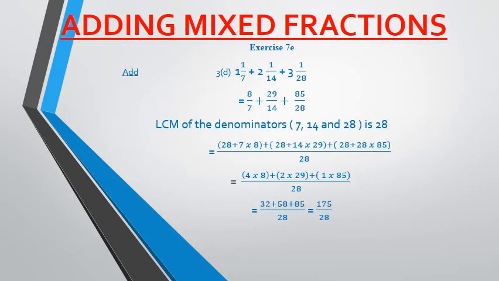Now children, we can divide 175 and 28 by a common number 7. So when we divide 175 by 7, we get 25, and when we divide 28 by 7, we get 4. So our fraction is 25 by 4. Now this fraction is an improper fraction. So first we will change it into a mixed fraction, and we get 6 1 by 4, which is our final answer.